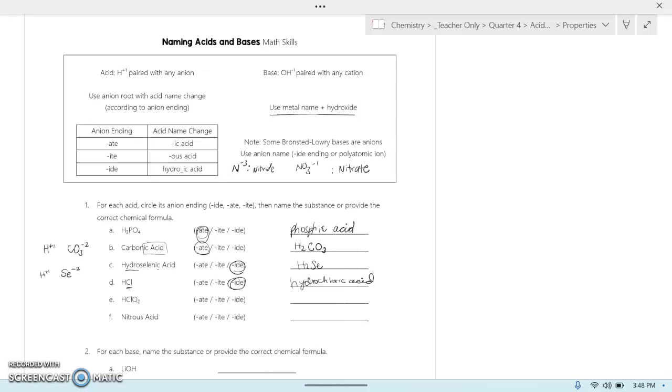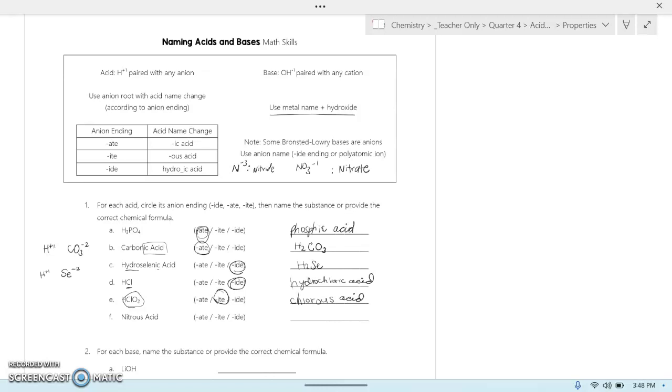And our next two, we have HClO2. Looking up on the list, ClO2 is chlorite. So we've got ite. So we'll change the ending ite to ous. Keep that root. So we got chlor. And then instead of ite, we're going to have chlorous acid.